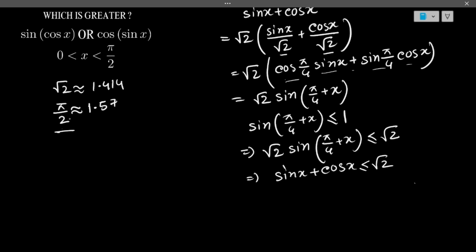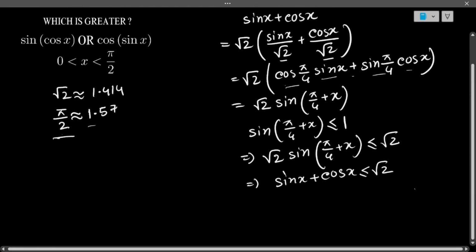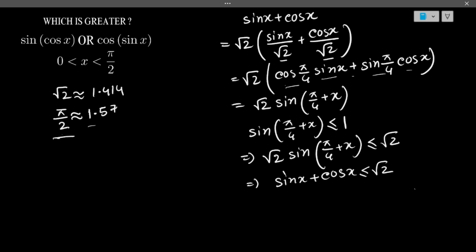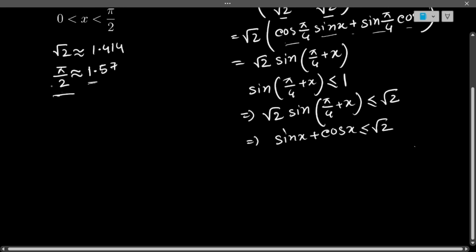Pi by 2 is first a number, then an angle, right? We will use this pi by 2 first as a number, then we will use it as an angle. This is the magic of this question. Now see here, pi by 2 is approximately 1.57. So from here we can clearly say that pi by 2 is greater than root 2.